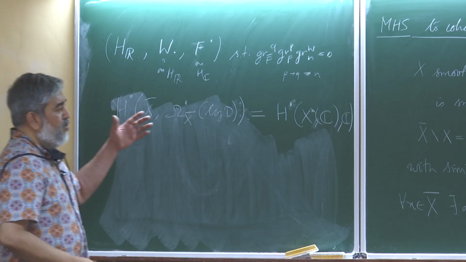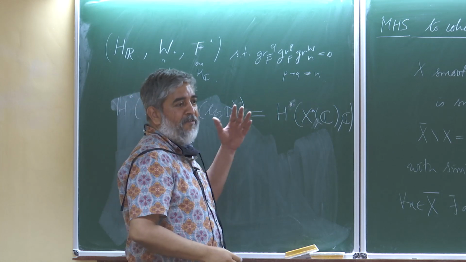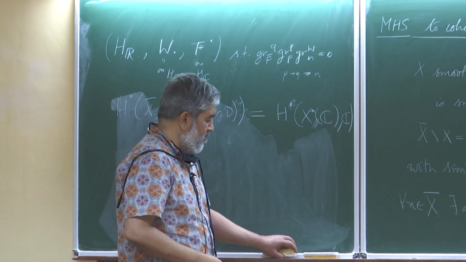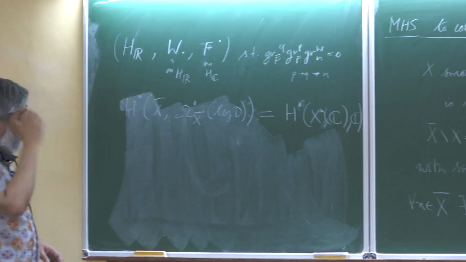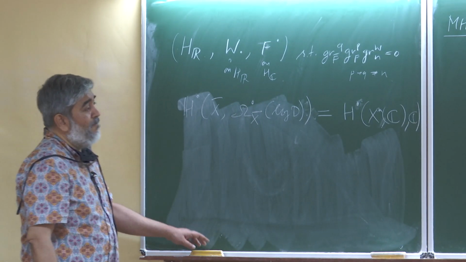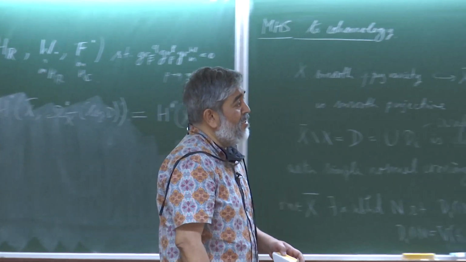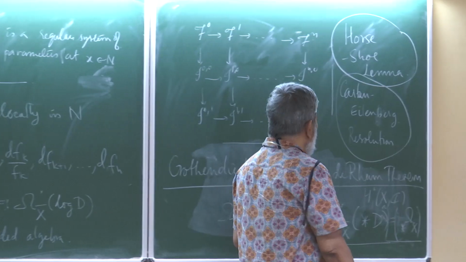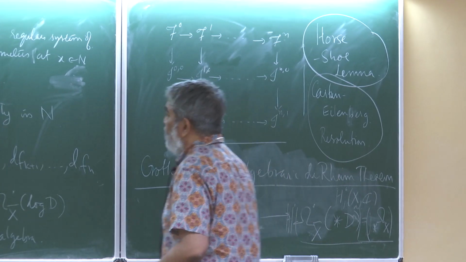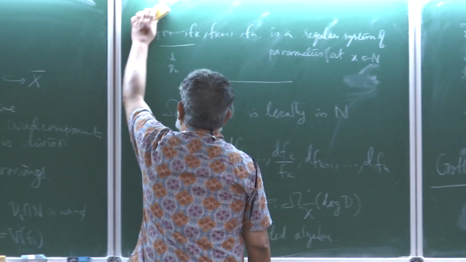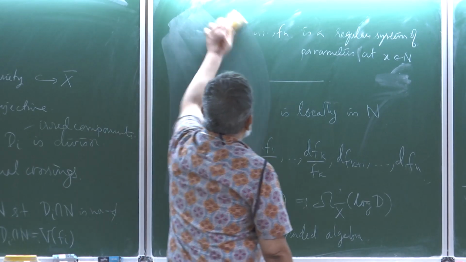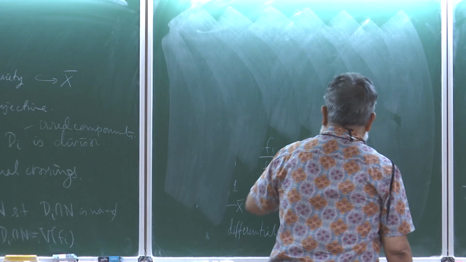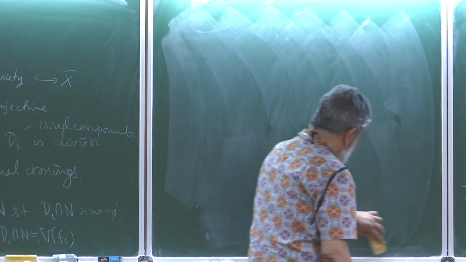Okay, so now we have found a candidate where we can try to do some geometry. That's the idea. So we want to understand what the filtrations are. That was another reason I wanted to talk about the double complex. This has a natural filtration, sometimes called the bête filtration.